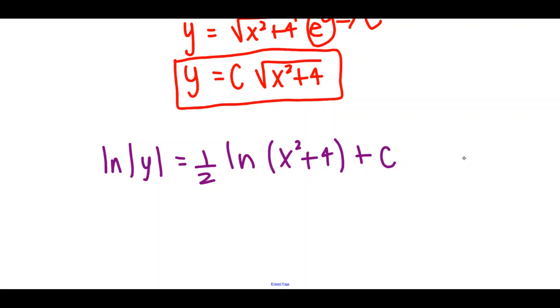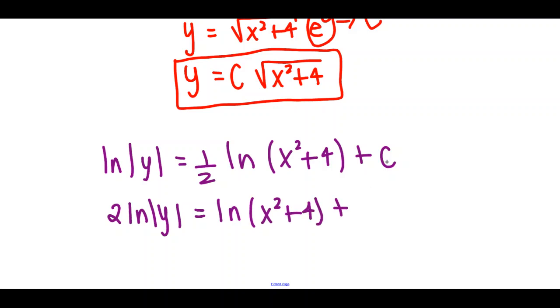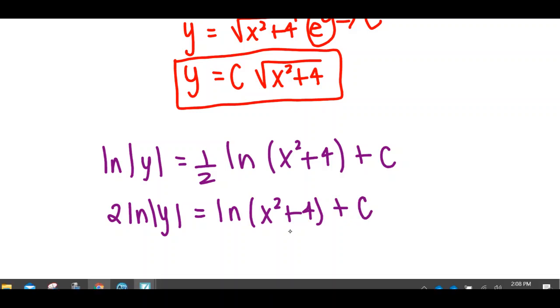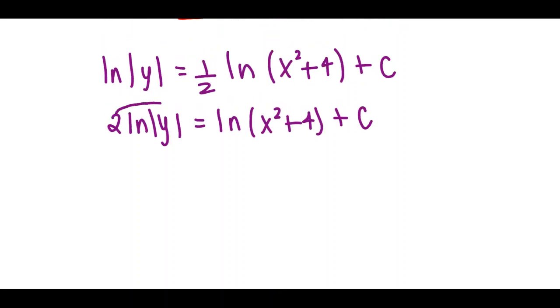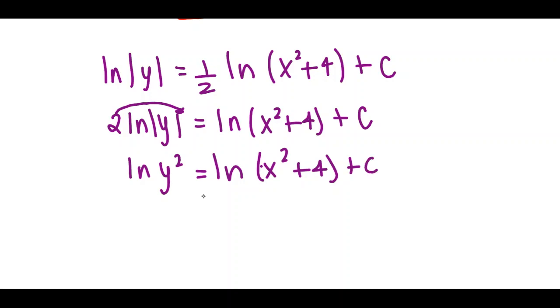If we multiply everything by 2, we get 2 ln y equals natural log x squared plus 4 plus 2 times c, which is still a constant, so I'm just going to call it c. Then as we're solving, we move this 2 to the exponent, so that becomes natural log of y squared equals natural log x squared plus 4 plus c.